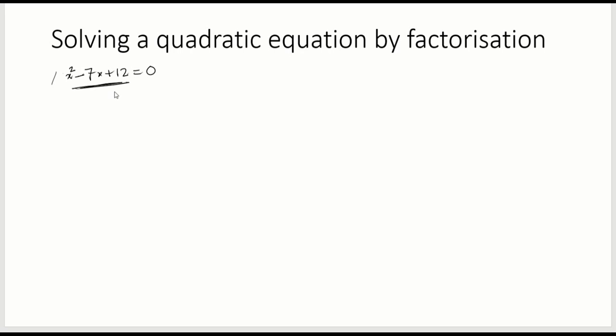For this method, we want to express this expression, x squared minus 7x plus 12, as a product of two other expressions which will give a value 0. So this is our objective.